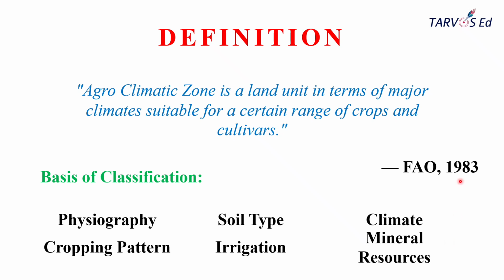Basically, we look at the physical features of the land, the type of soil, rainfall and temperature pattern, what crops are actually grown there, and irrigation availability and mineral resources. All of this together decides which zone an area falls into. Based on this, we classified the zones.